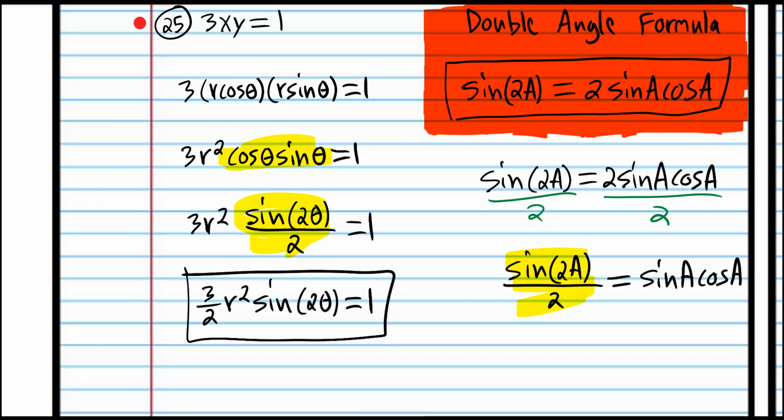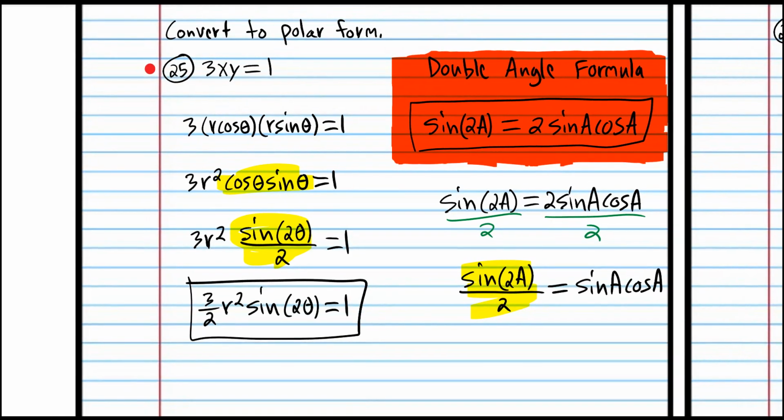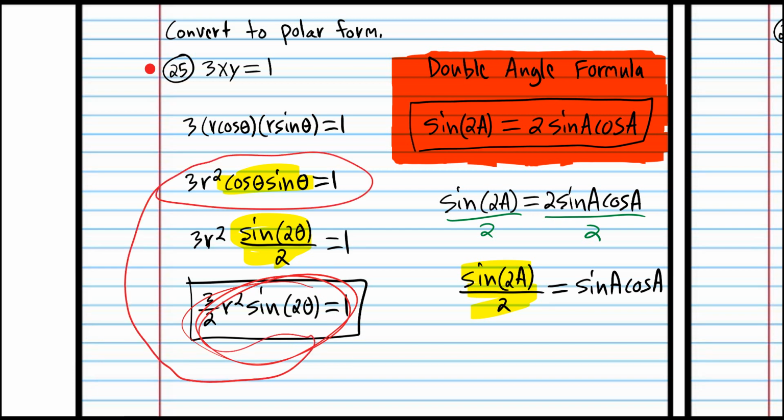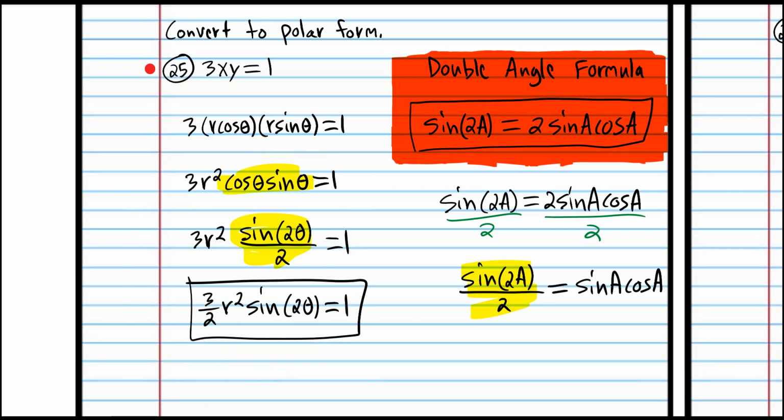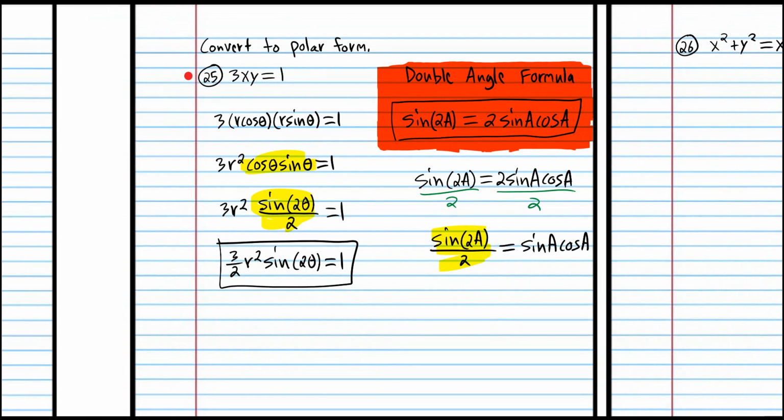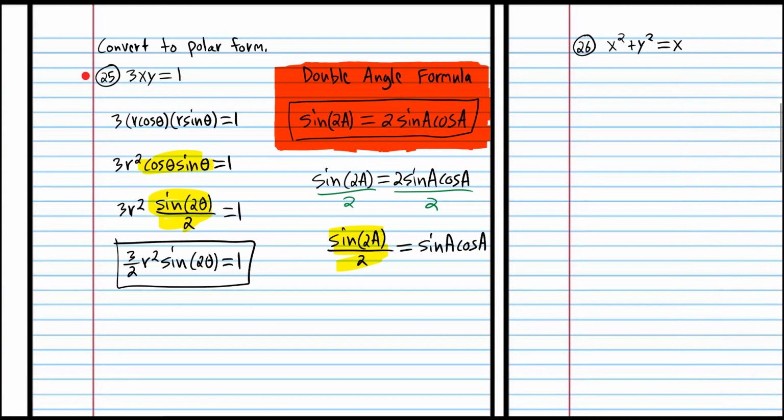And so there's our equation. Now again, you don't have to get to this form here, but in a textbook you're probably going to see it in either this form or this form. So for your homework, I'm not going to require you to put it in this form. Just be aware of that, this form here.